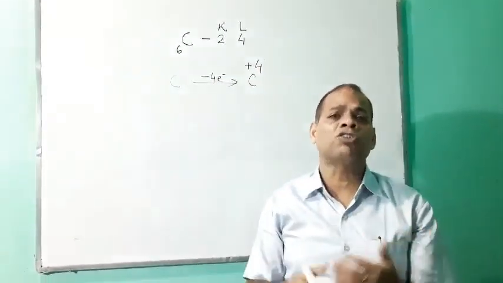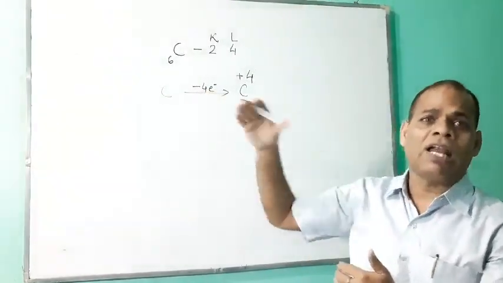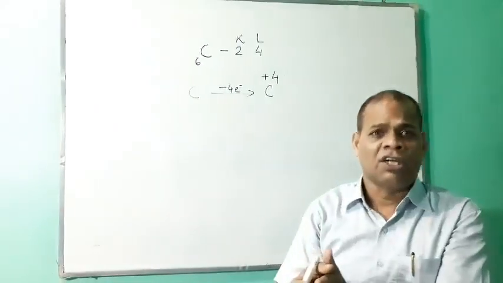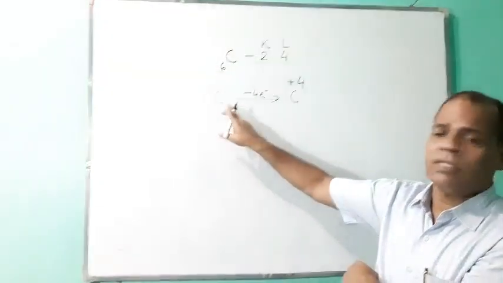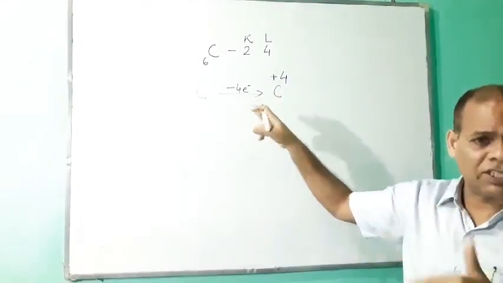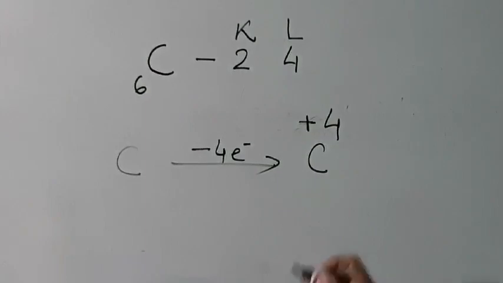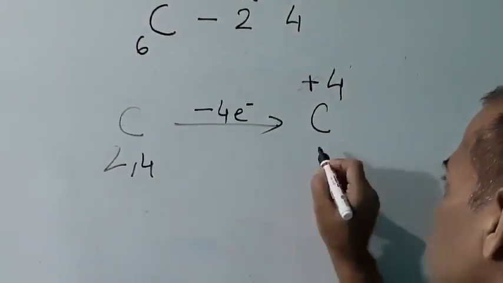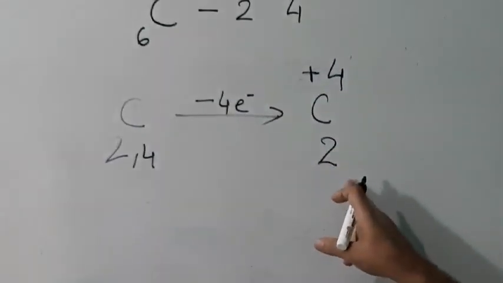A very large amount of ionization energy is required in order to convert carbon into C4+ to achieve the nearest noble gas configuration like that of helium. Here the electronic configuration is 2, 4, and here it is 2, that is the helium configuration.